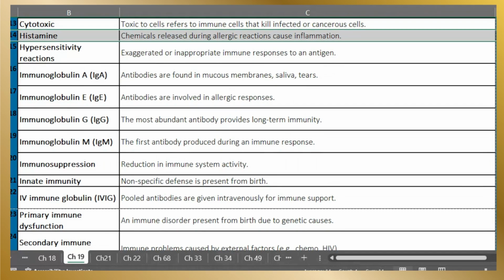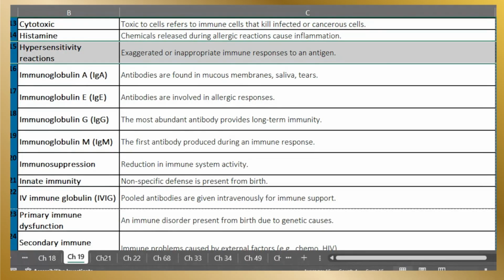It's a chemical released during allergic reactions that causes inflammation. So histamine, it's like itchy hives, swelling.